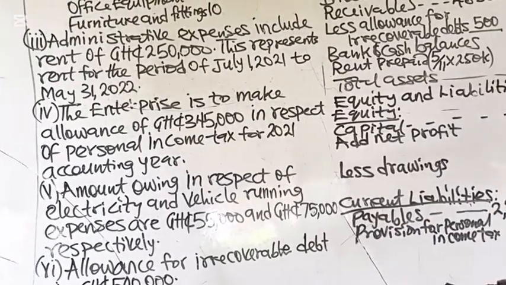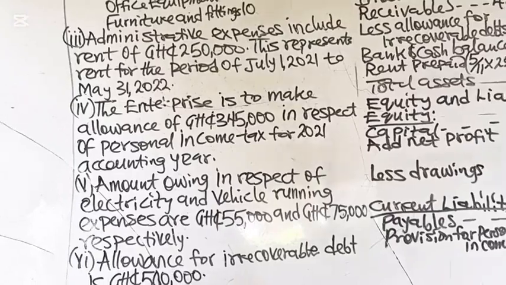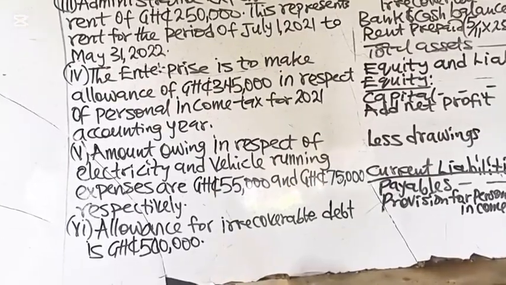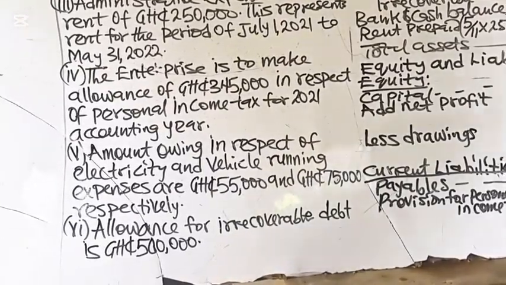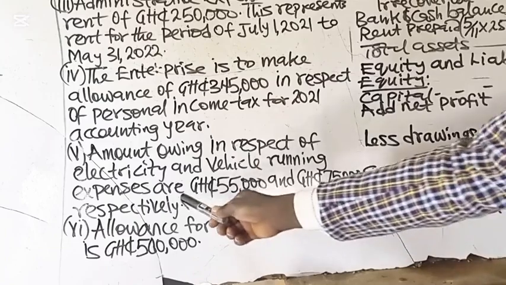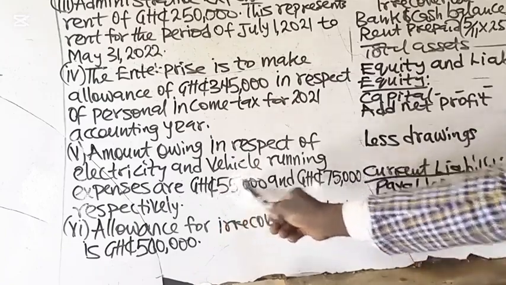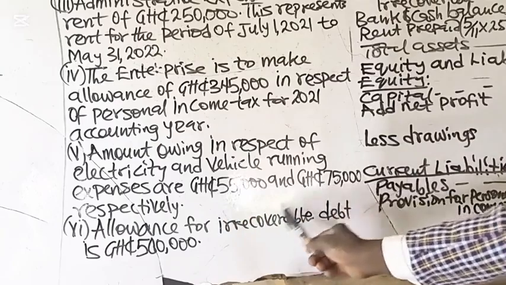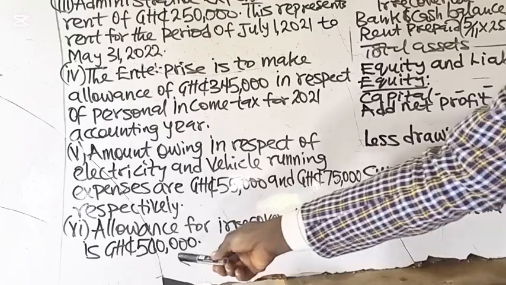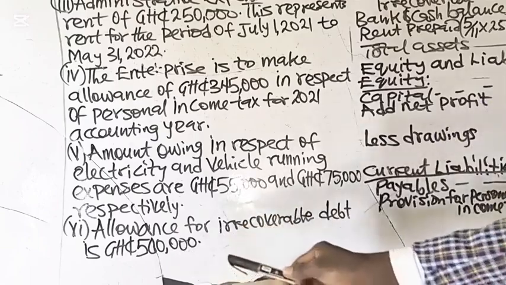Then note 5. Amount owing in respect of electricity and vehicle running expenses are 55,000 and 75,000. These owings will form part of the current liabilities. Allowance for irrecoverable debts has been deducted from receivables under current assets.